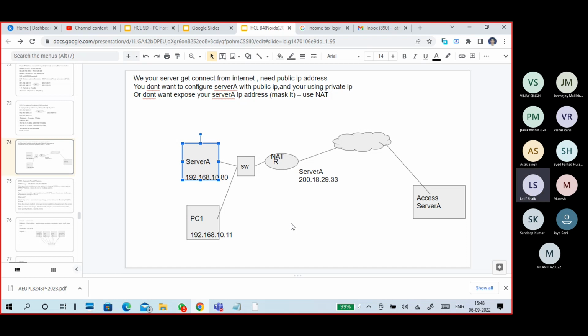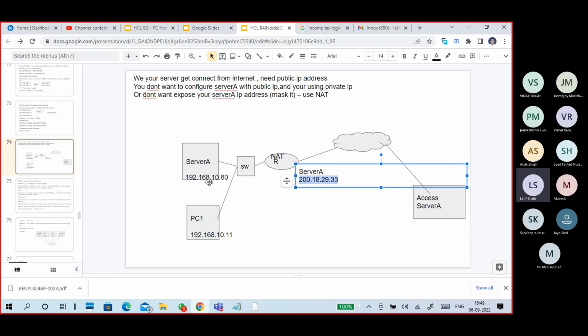But when people are communicating to your server using a public IP, what you have to do is buy a public IP address and configure your router as a NAT router, network address translation. Meaning, if you get any request to this IP address, this router translates and forwards it to A. Why?